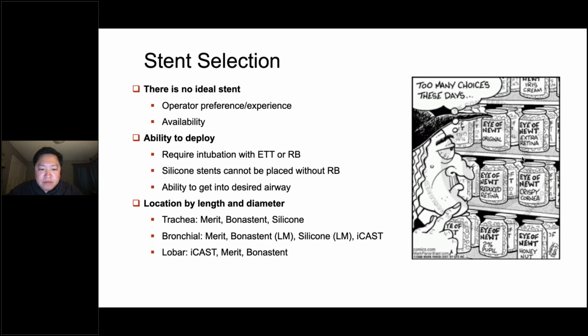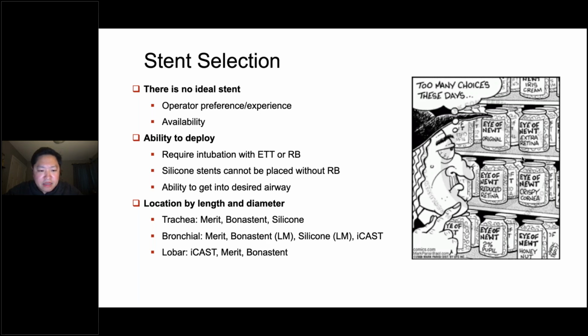In the trachea, we typically use the Merit Bonastent and silicone stents. For bronchial, Merit Bonastent and silicone, and also ICAST. They have a 10 millimeter ICAST stent, which is the biggest one in diameter, and you could actually over dilate that to try to fit the airway.